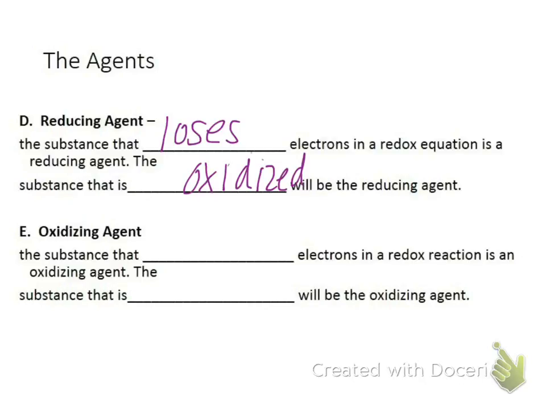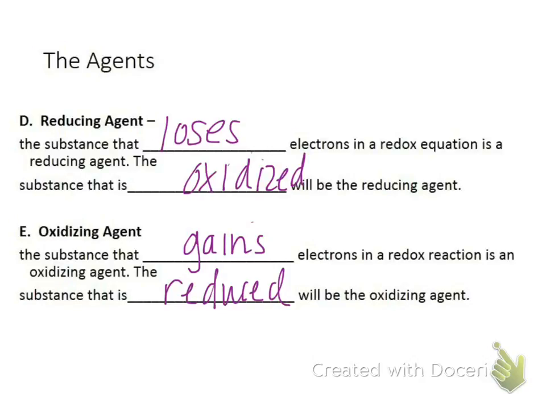It's called the reducing agent because it causes the other thing to be reduced. The oxidizing agent is gaining electrons, but itself is reduced. It's called the oxidizing agent because it's reduced, but it causes the other thing to be oxidized. Because remember, you can't have one without the other.